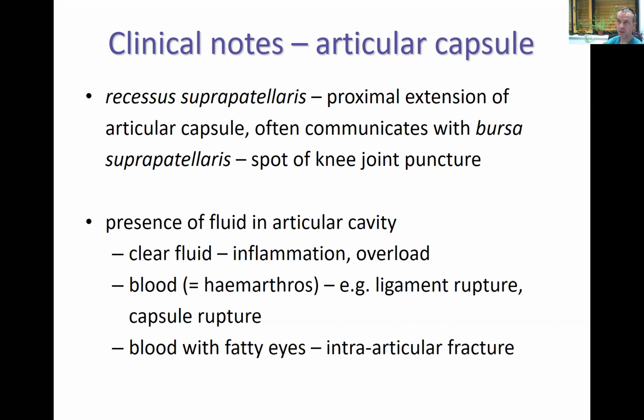And in case we have a fracture of the bone, which is also visible inside the joint cavity, so it's an intra-articular fracture, then the fat can get in, and we can see the blood with fatty eyes on it.